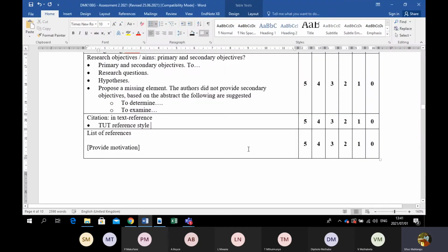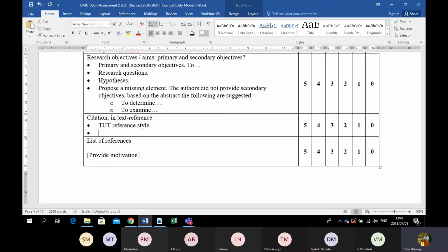So the citation guide has quite some recommendations and guidelines that you should follow when you reference. So once you have downloaded it, you'll have to read it and see actually how it works.